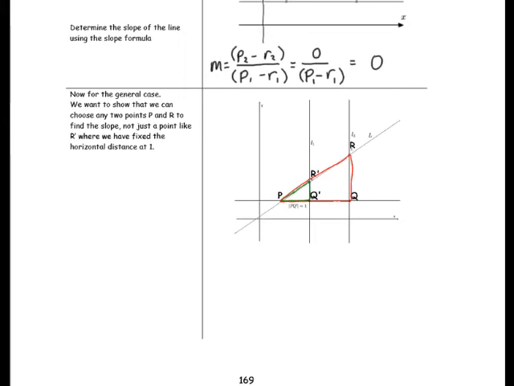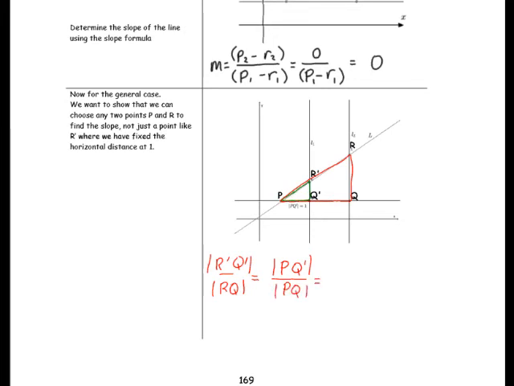Because we have similar triangles, we know the following. You may not necessarily need to write this part down, but just follow along. We know that the distance of R prime Q prime over the distance of RQ, do you remember this from the last module, will be equal to the distance between P and Q prime divided by the distance of PQ.